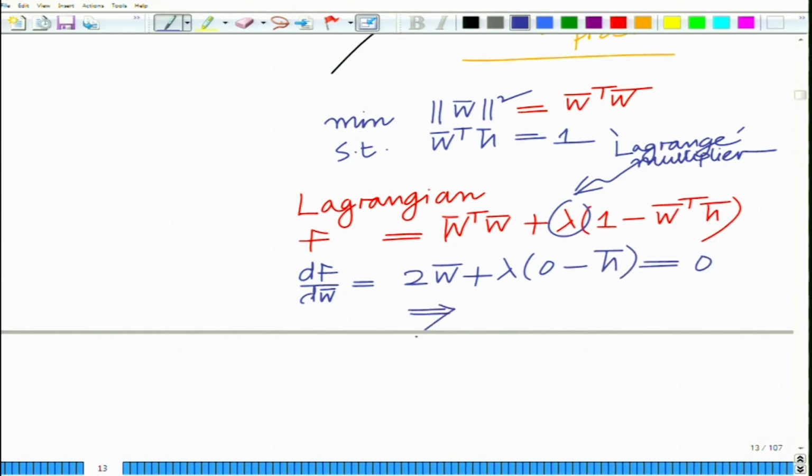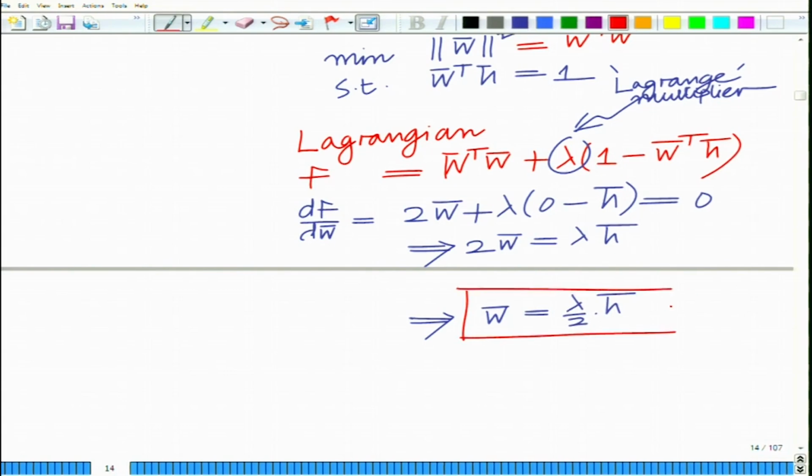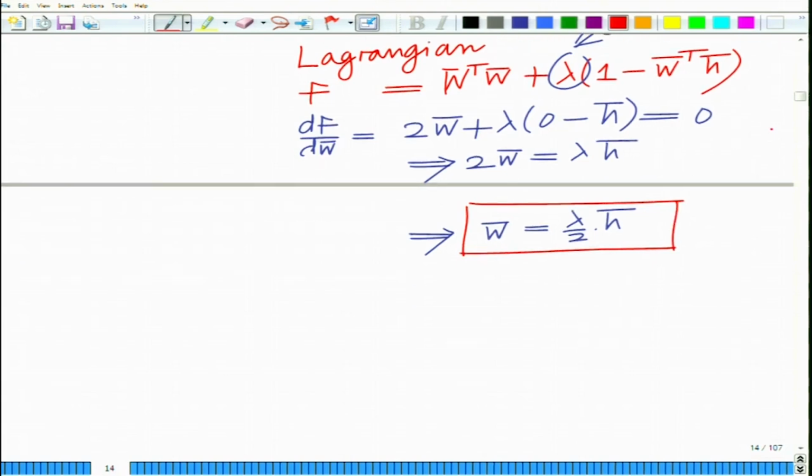This implies 2 w bar equals lambda h bar, which implies w bar equals lambda over 2 times h bar. Okay. And this is the optimal beamformer.